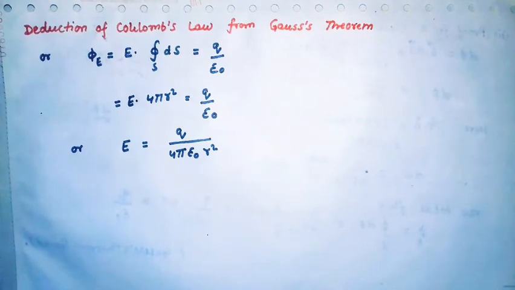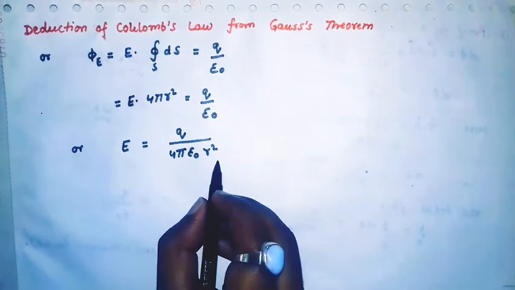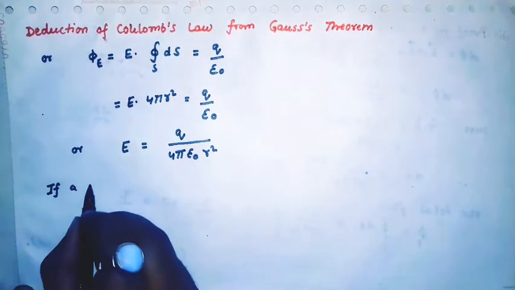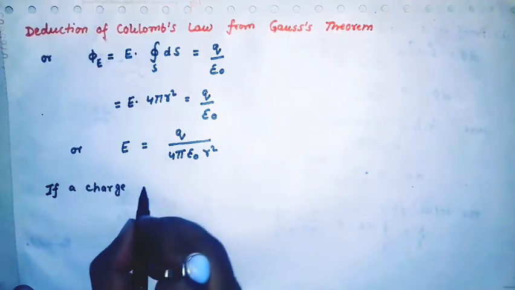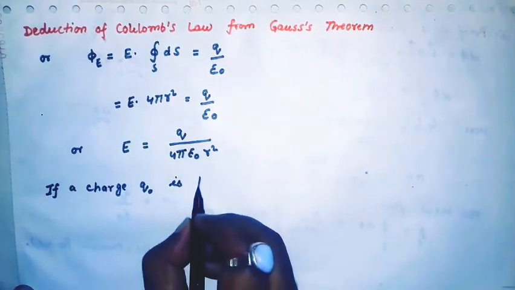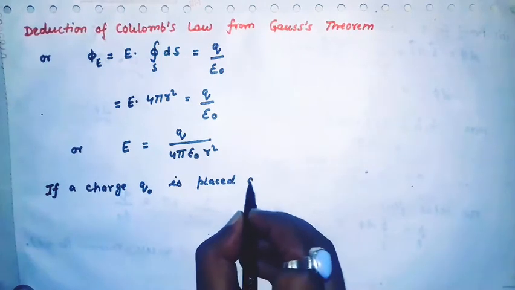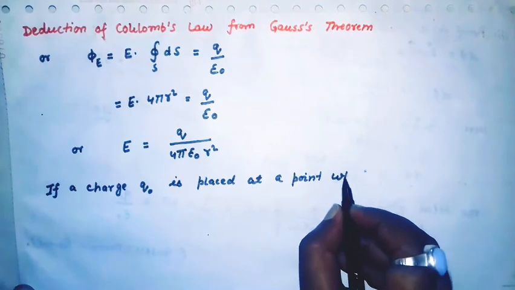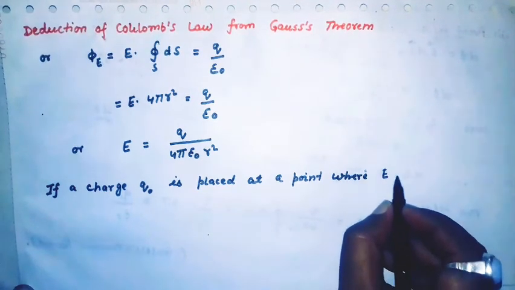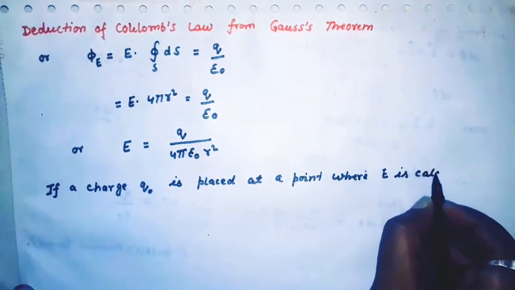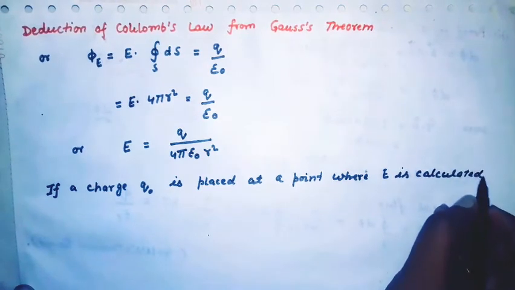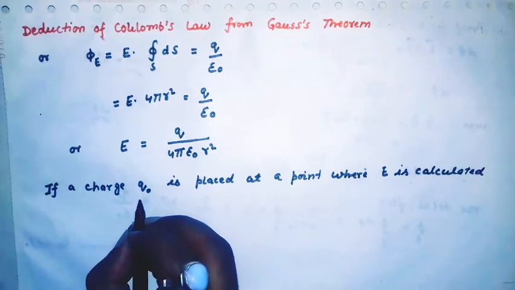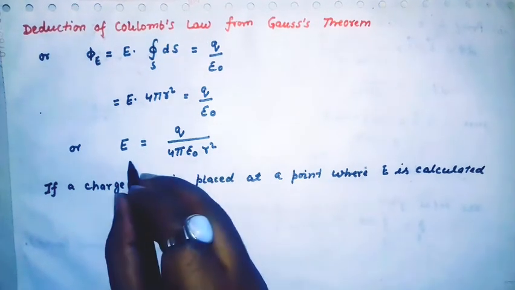So suppose we place another charge q naught, a test charge, at a point where this E is calculated.